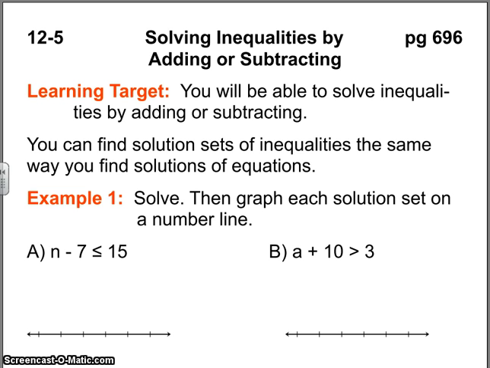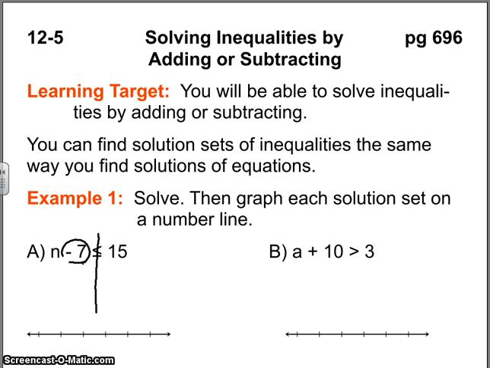Please take a look at example 1. The directions say to solve, and then we are graphing each solution set. So grab your pencil. What I would like you to do, as we did with equations, is draw your line down your inequality sign. We want our variables to the left, and on the left we have n, and next to n this minus 7.